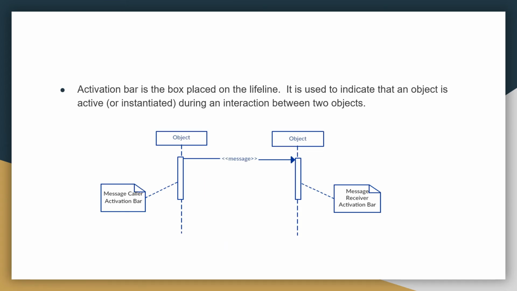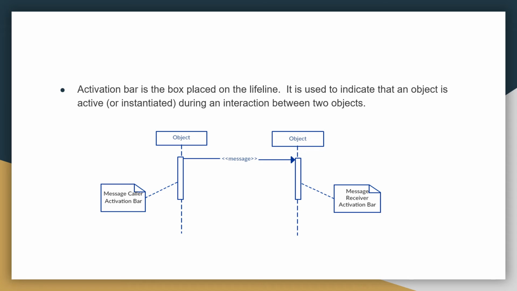After all the elements, we need to talk about the activation bar. The activation bar is the box placed on the lifeline. The size of the activation bar depends on how long the object stays active. If the object works longer, the length of the rectangle gets bigger.